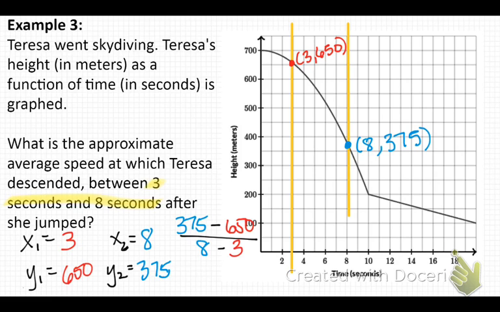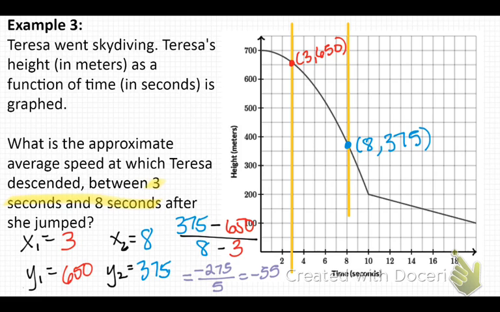So what is 375 minus 650? Negative 275. Yes, it is. What is 8 minus 3? 5. And can I simplify this? Yes. To negative 55.